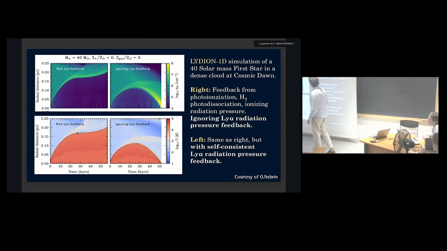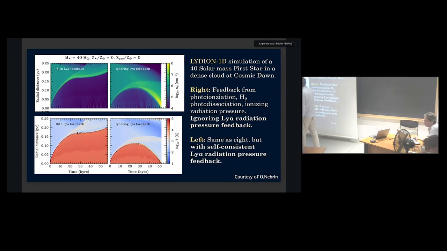And here I'm showing the case in which we're putting a POP3 star at the center of a uniform cloud. Here is the radius, and here is time, and the upper plot is number density. On the right is the case in which you don't put Lyman-alpha feedback. As you can see, you have the expansion of the HII region, and then the HII region recollapses because of the very dense gas and because of gravity.